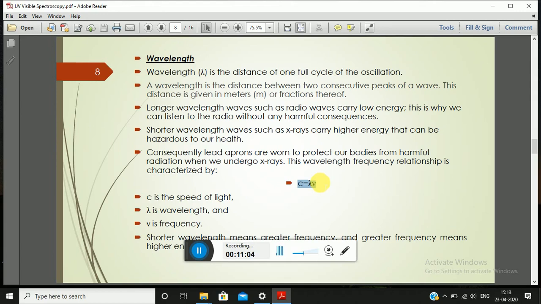The higher the wavelength, the lower the frequency of the radiation, or vice versa. If the frequency is higher, then the wavelength of the radiation would be lower. And shorter wavelength means greater frequency, and greater frequency is associated with higher energy levels.